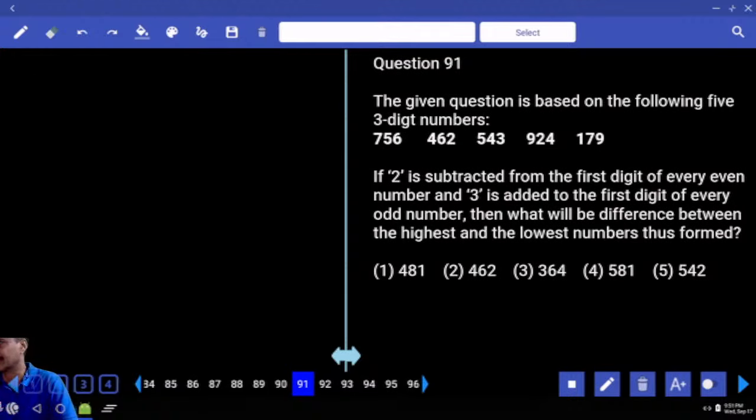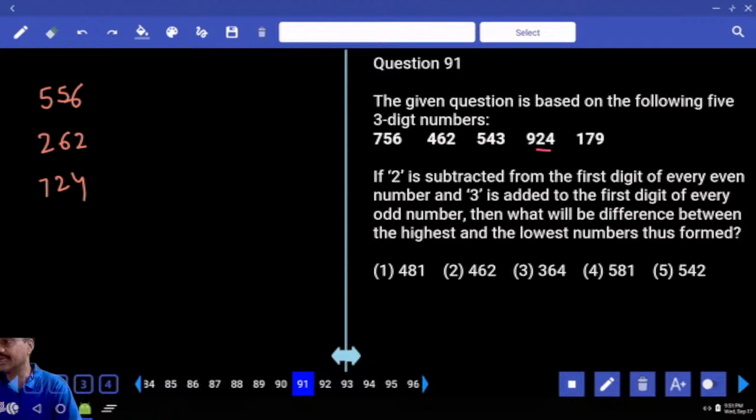As 2 is subtracted from the first, 756 will be 556. Then 462 will be 262. Then next one 543, why is it 743? Now 924 is again an even number, and minus 2, 724.